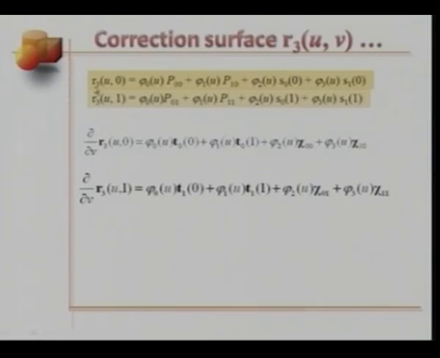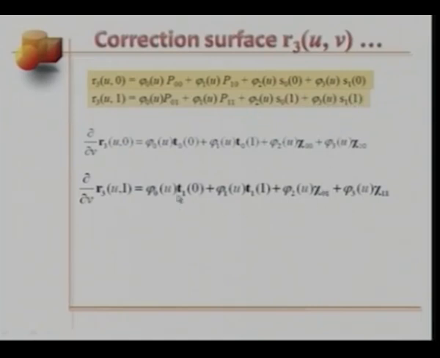To summarize, R3 of u and 0 is phi 0(u) P00 plus phi 1(u) P10 plus phi 2(u) S00 plus phi 3(u) S10. R3 at u and v equals 1 is equal to phi 0(u) P01 plus phi 1(u) P11 plus phi 2(u) S01 plus phi 3(u) S11.